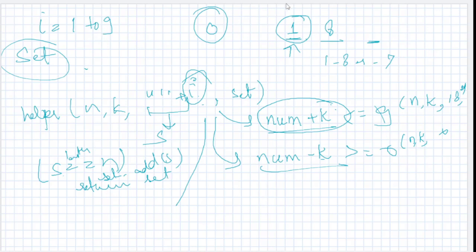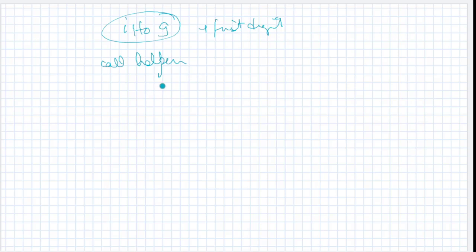If not, then do ask me. I'll just give you a brief info. Go from i is 1 to 9 for the first digit. Call the helper function. This helper function will find the other digits by checking a condition, that's the last digit plus k and last digit minus k.